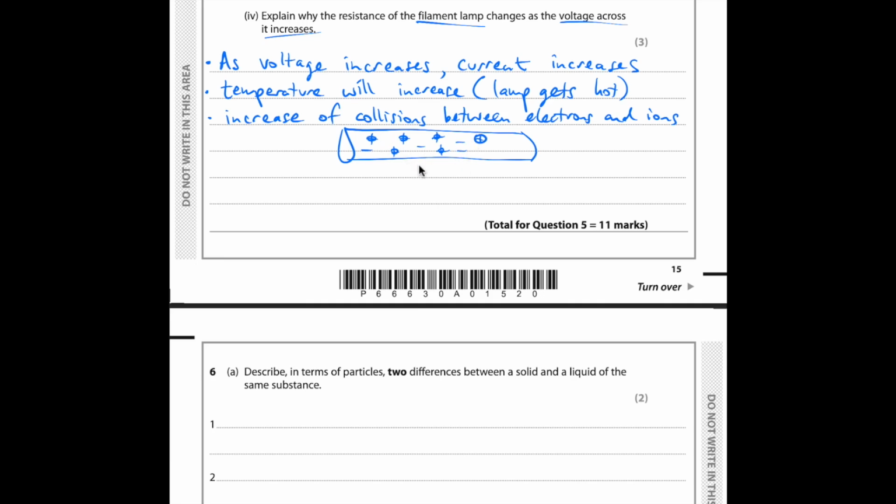Now, as the wire gets hot, these copper ions are going to start vibrating more, and as they vibrate more, the little electrons trying to come down through the wire are going to get collided into more. And what that does is that increases the resistance, because resistance is just collisions between the electrons and the ions.